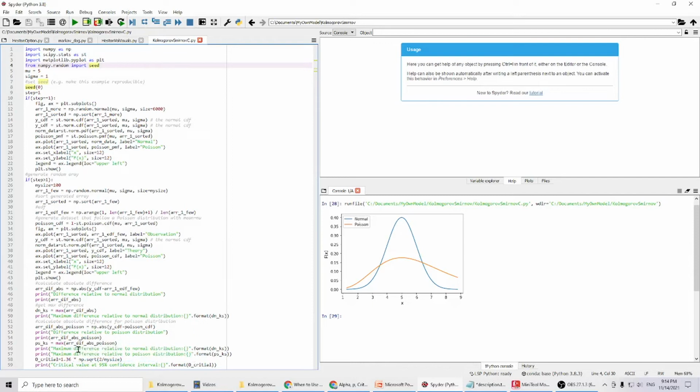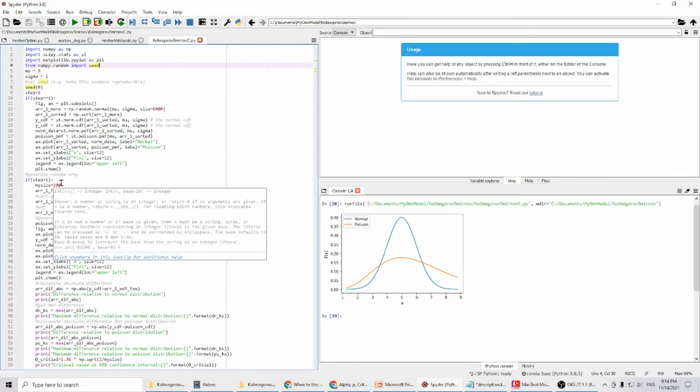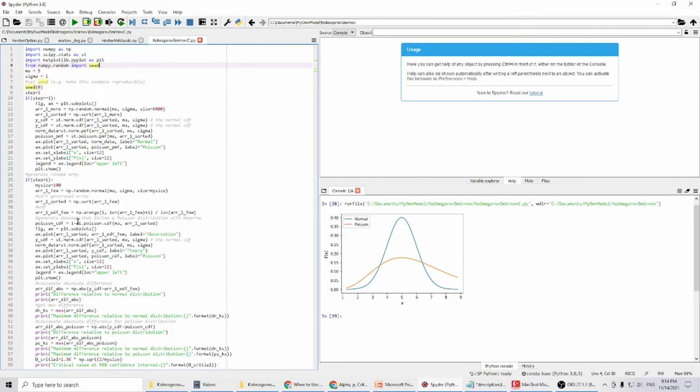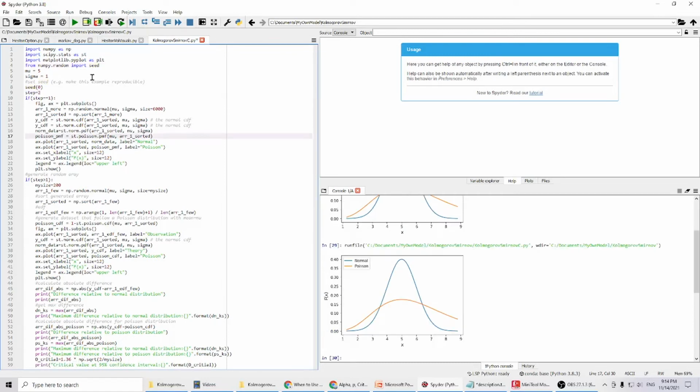And finally, I'm going to calculate the critical value for our hypothesis test. Because I'm using the same number of data points for the two tests, we should have the same critical value for the hypothesis test. Now let's run the program.